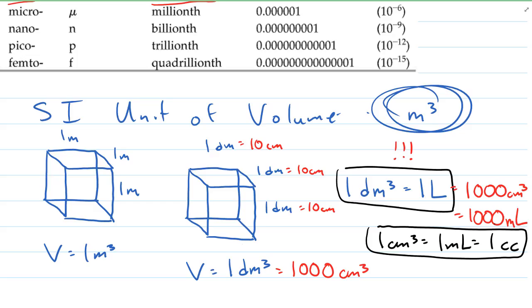But you as students should still know that cc and milliliter mean the same thing. So we never change doses, but we change the way we represent them to avoid clerical errors and overdoses and such like that.